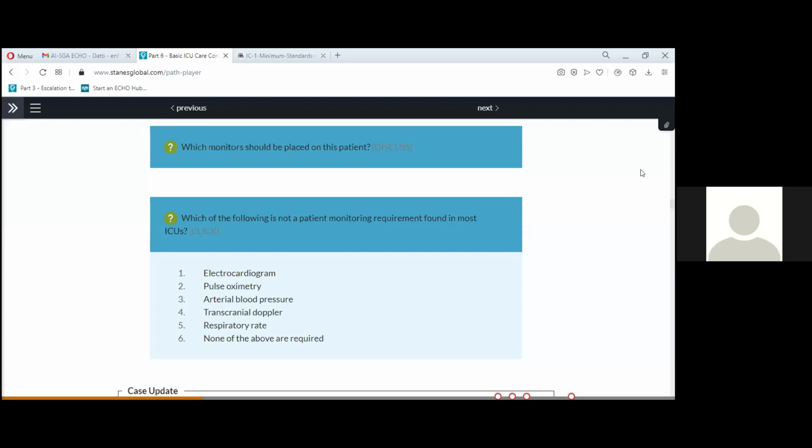So in my opinion, transcranial Doppler is not commonly found in most ICUs, but respiratory rate is also a parameter that should be monitored by most ICUs. So I don't know, I think there's a resource attached to this.